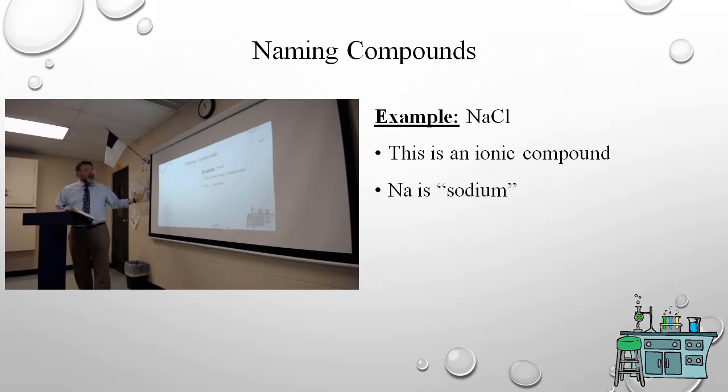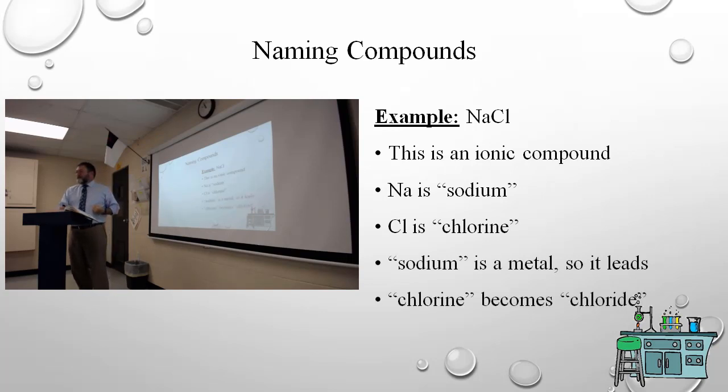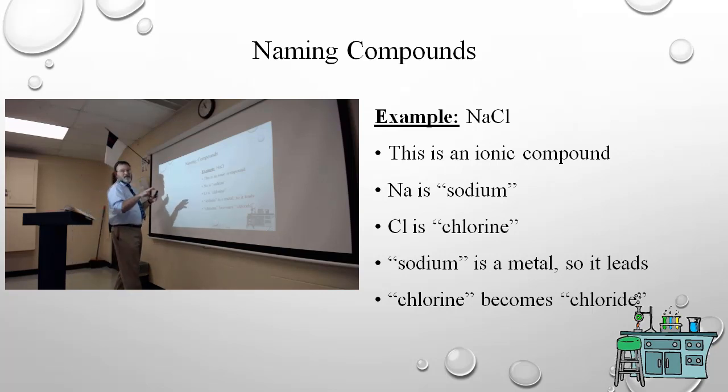Then, I'm going to say the name with sodium, keeping its name sodium, but the paradigm says first element keeps its name, second element gets what? Its ide name. So chlorine becomes chloride. See? If we didn't have a naming paradigm, what would we call it?